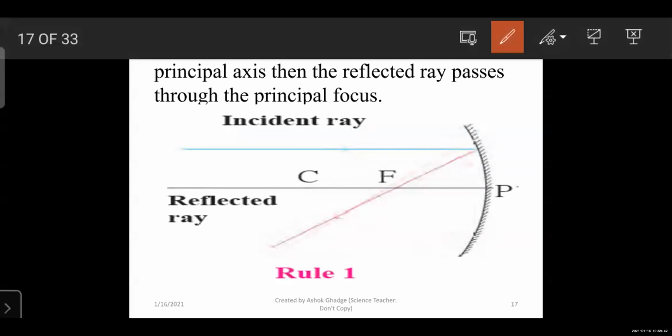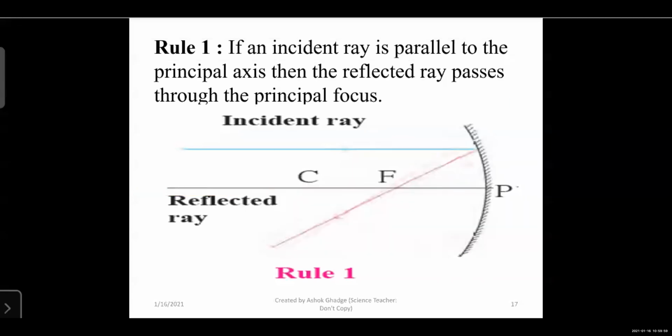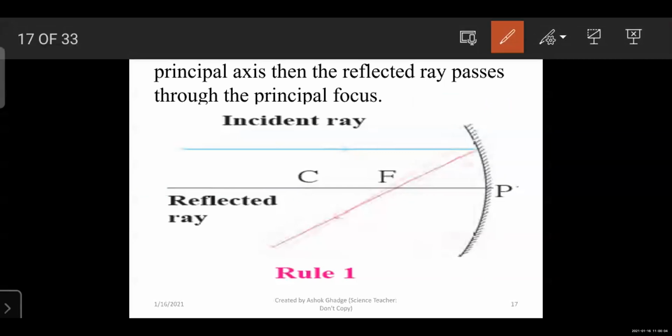Here is the concave mirror. The central point of this mirror surface is the pole. That is the principal axis. This is the center of curvature, and this is the focus. This first rule is telling that the incident ray, which is in blue color, if it is parallel to the principal axis, will pass through the focus.